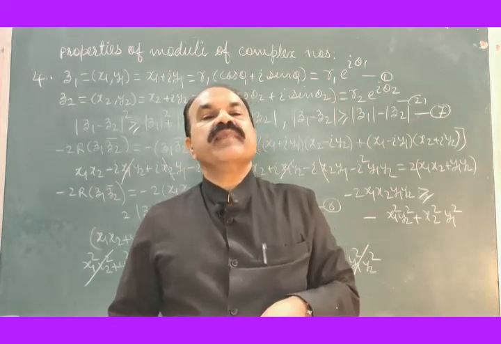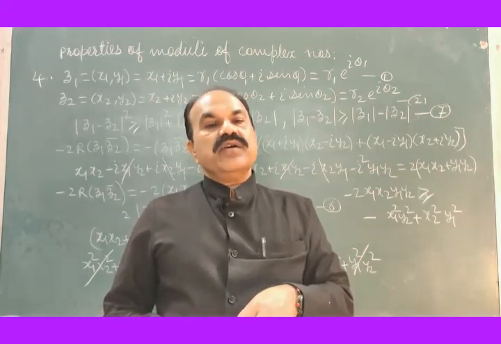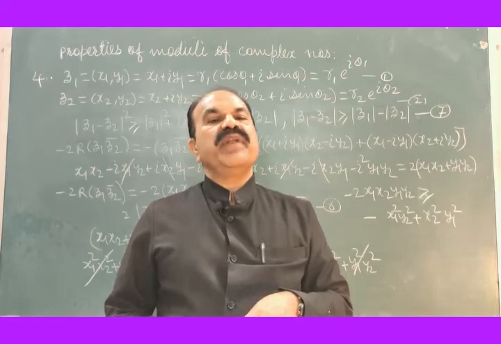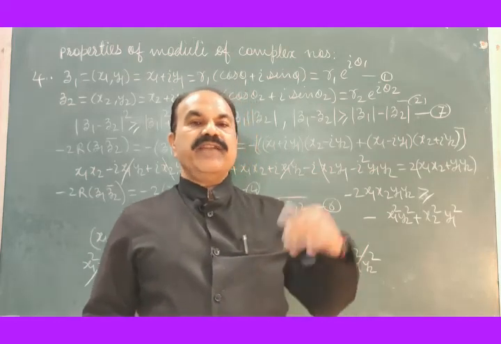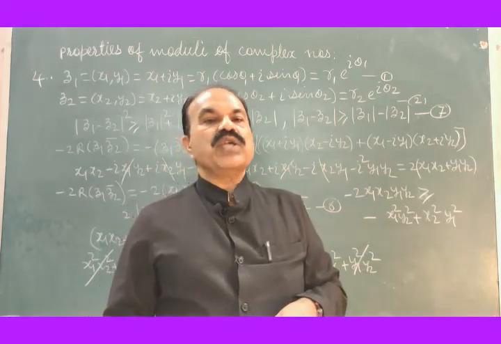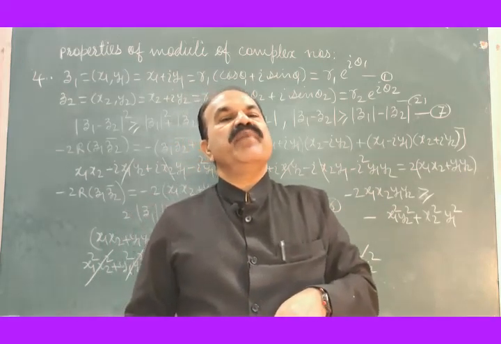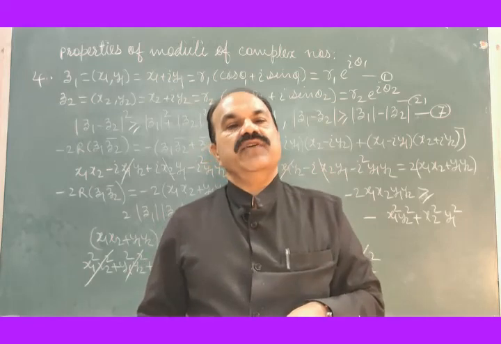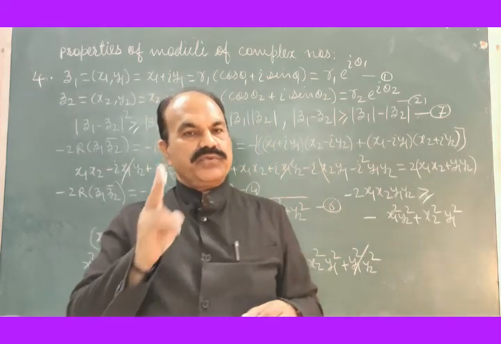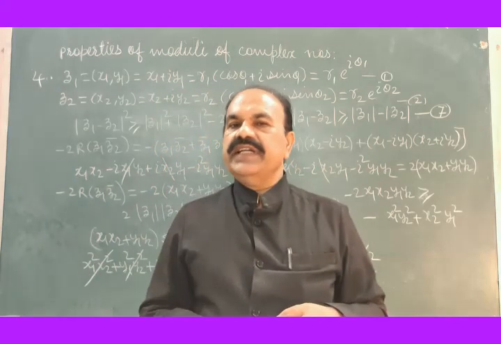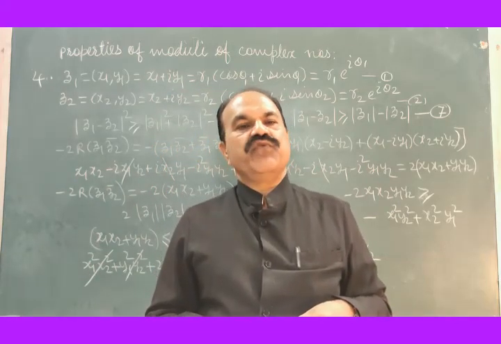Third one, the modulus of the sum of two complex numbers does never exceed the sum of their moduli. And fourth one, the modulus of the difference or subtraction of two complex numbers is always greater than or equal to the difference or subtraction of their moduli. It took 2 lectures as it has 4 subarticles.